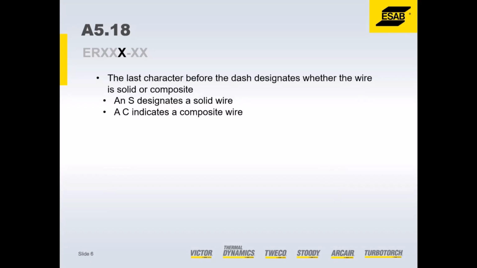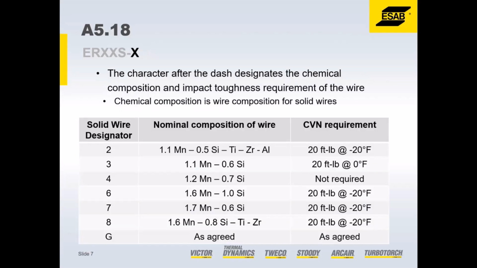The next designator, we commonly see an S for solid wire. And you're going to see the C if it's going to be a cored wire, a metal core product. And then the next digit for solid wire is going to be the nominal composition of the wire.